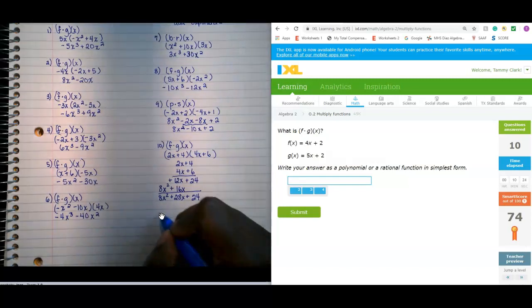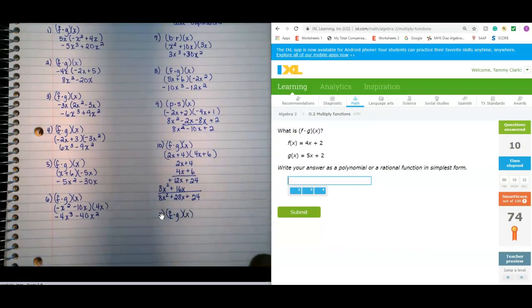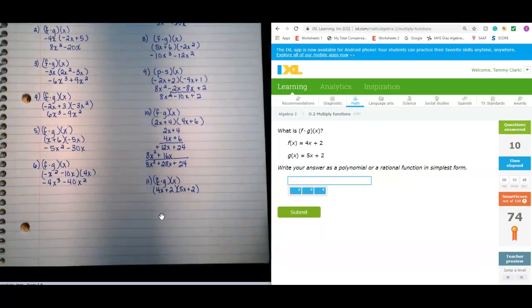All right, let's look at number 11. So again, we've got, what is f of x multiplied by g of x, and we've got 4x plus 2 multiplied by 5x plus 2. Now this time I'm going to do a different method. This is for my box people. You love the box.